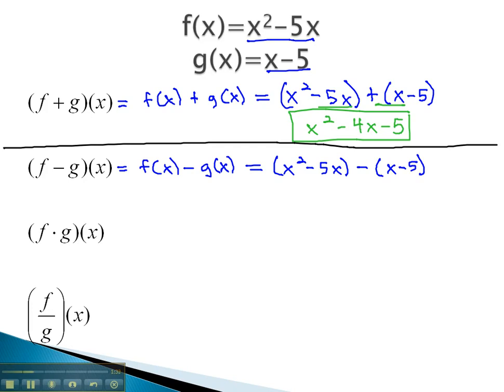When simplifying with a negative outside the parentheses, we remember that means we must distribute the negative through first to get x squared minus 5x minus x plus 5, and then we can combine like terms to get x squared minus 6x plus 5 for our simplified solution.